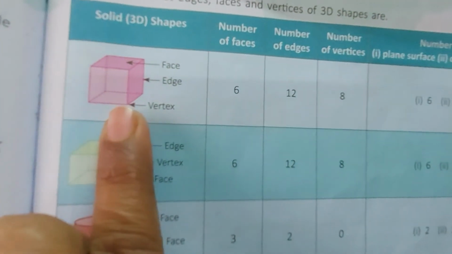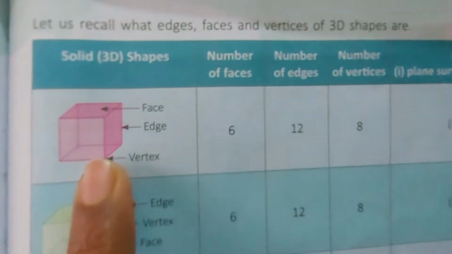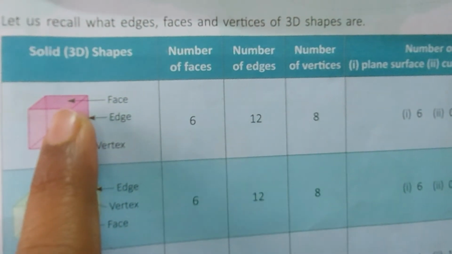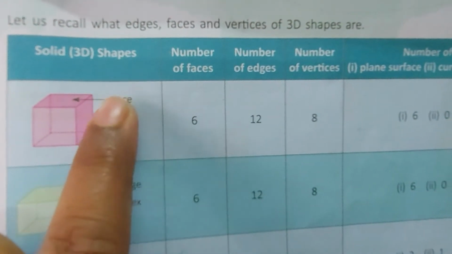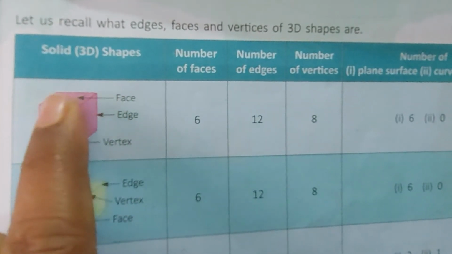Next, we will see the shapes. First of all, we have solid or 3D shapes. This is a cube. This arrow shows these are the faces of a cube.